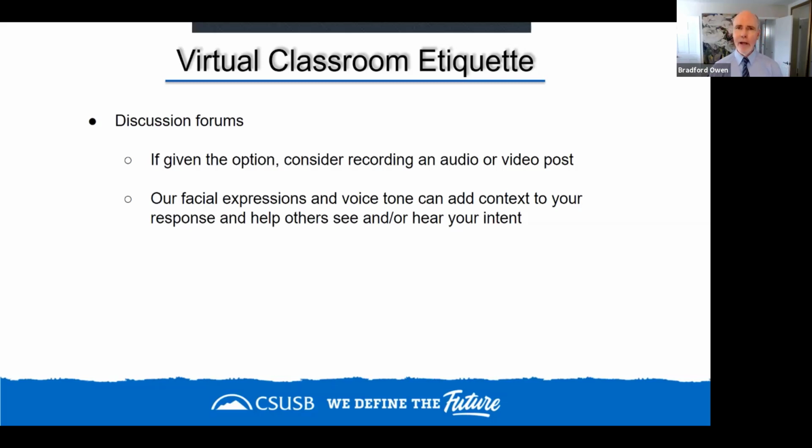In that way, naturally, that adds an extra layer of cues and nonverbal communication, which helps your fellow students and your instructor have a greater range of communication than just the written words alone. So it can contribute to communicating your intent and may provide a more rich communication. Next, please.